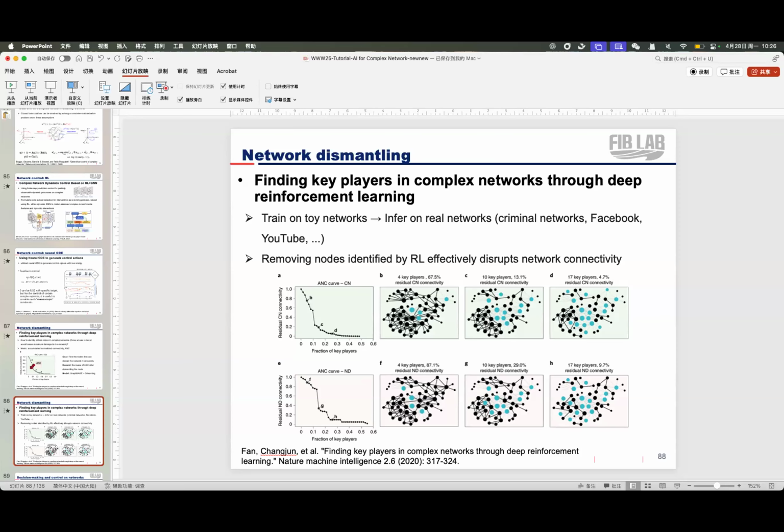The question was that the hypergraph deals with the high order relationship, right? You know hypergraph?